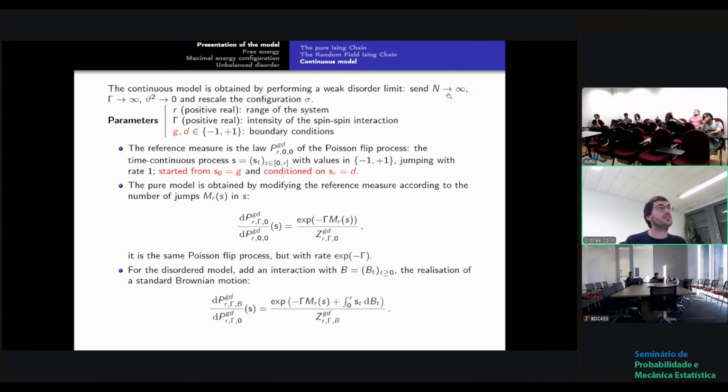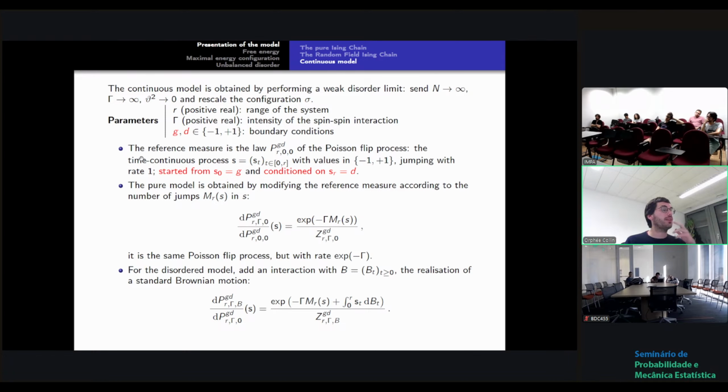So if you send n to infinity, gamma to infinity, and the variance to 0, and rescale the configuration sigma in a finely tuned way, then you obtain a non-trivial limit, which is essentially the same model, but now the space is continuous. So the range of the system is R, the intensity is still gamma, and the boundary conditions G and D.